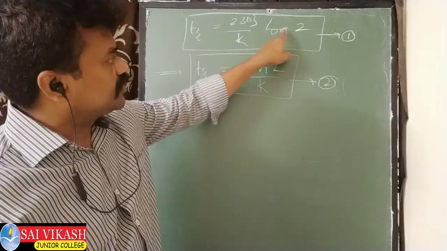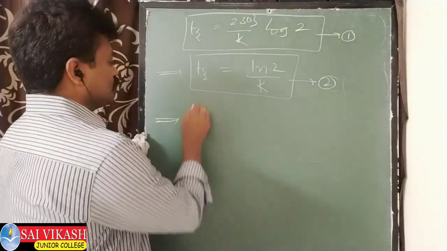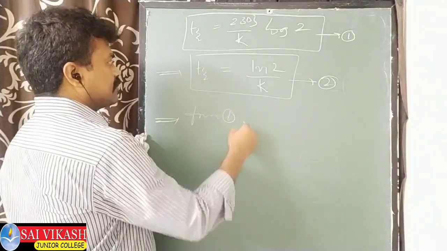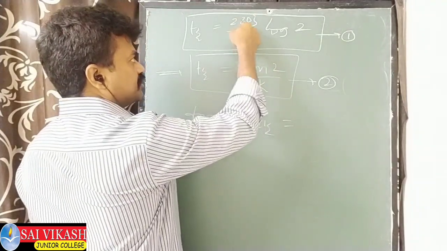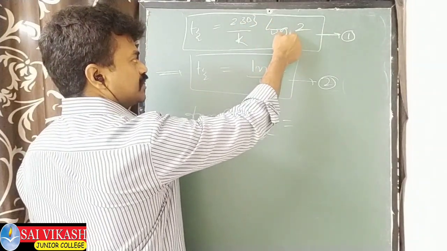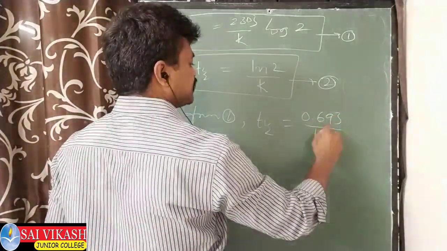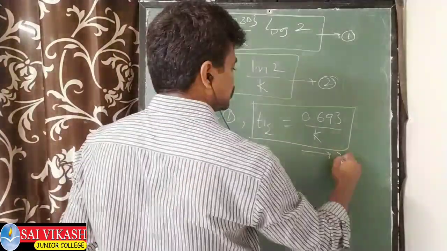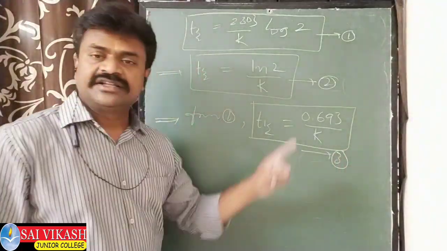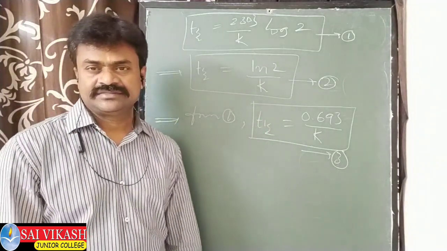So 0.3010 multiplied by 2.303, you will get t half equal to 0.693 divided by k. This is equation number 3, and this is the half-life of first order.